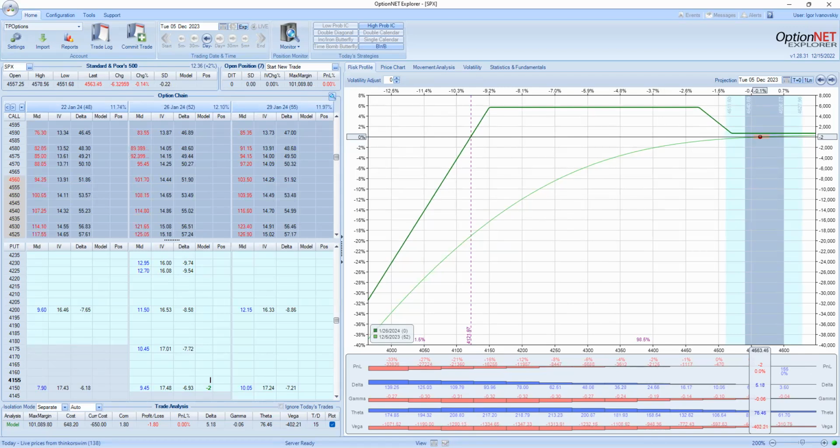So another question, what percent of buying power do you use in a PM account? I like to keep 50% of buying power available at most times, especially in times like now when implied volatility is relatively low.